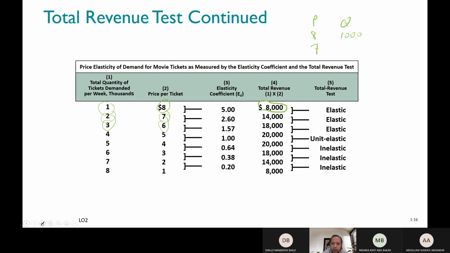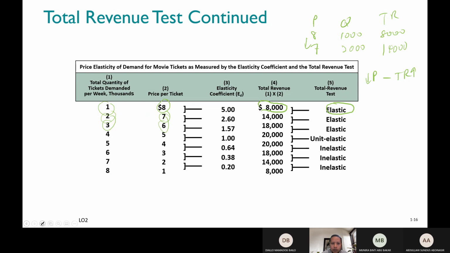In the second case 7, quantity is 2,000, total revenue here is 14,000, okay. So in this situation when price decreases, total revenue increases, so you know that this is elastic, okay.